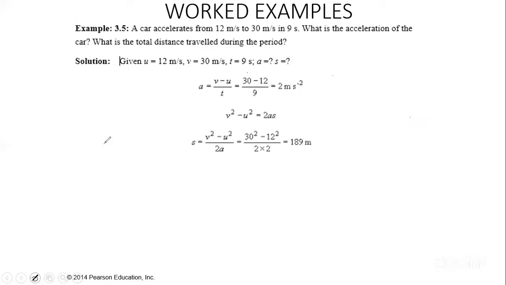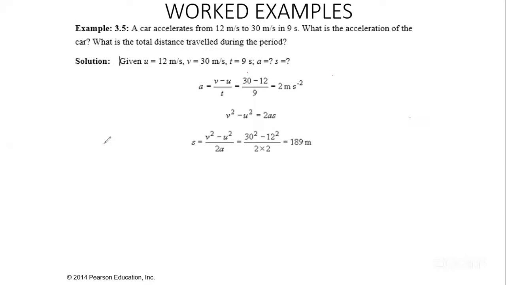So a car accelerates from 12 meters per second to 30 meters per second in 9 seconds. What is the acceleration of the car? What is the total distance traveled during the period?